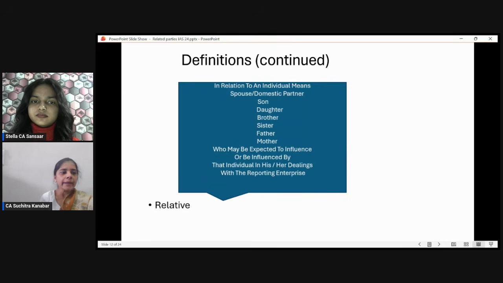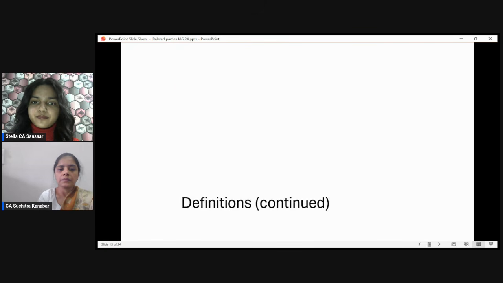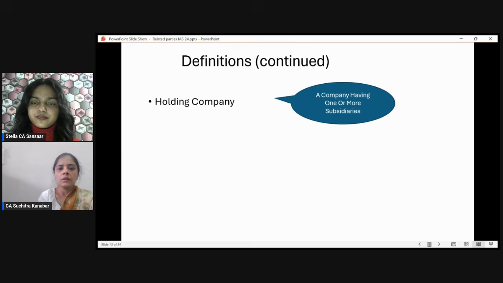Now let's go ahead. Individuals include those who have control or significant influence, joint control over the reporting entity, or are members of key management personnel of the reporting entity or a parent of the reporting entity. Holding company means a company having one or more subsidiaries.